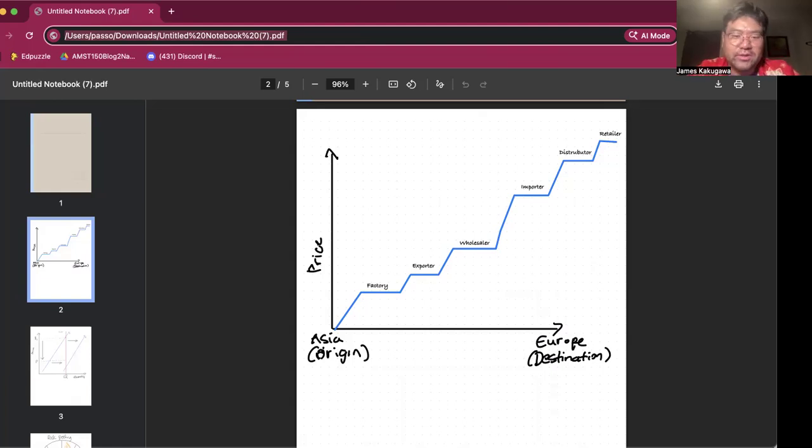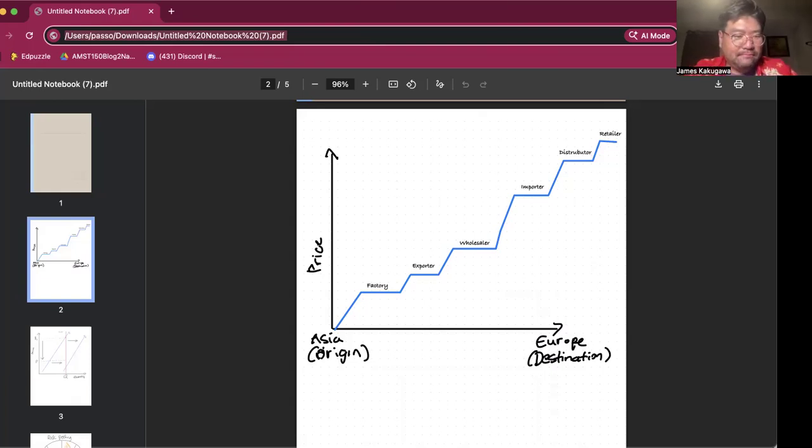So here I have a graph that is more modern. It applies more to our modern way of life, but let's say you might have technology in Asia that gets manufactured. It has to go through the factory. Then, as the price increases, maybe it goes to the exporter, maybe the wholesaler, then the importer, distributor, retailer, and then the cost just shoots up when it finally hits its destination, which is Europe.